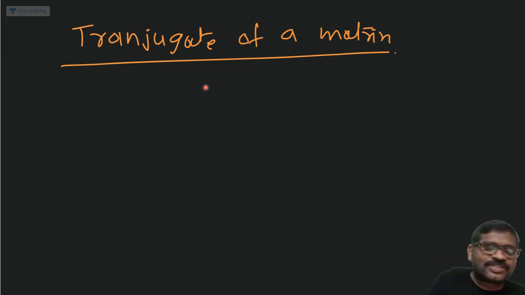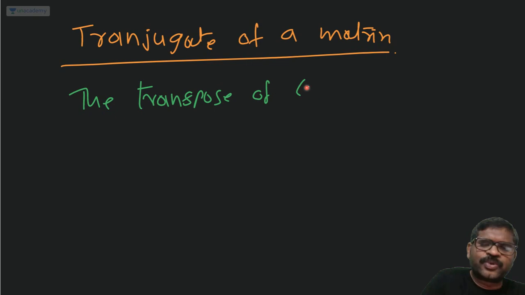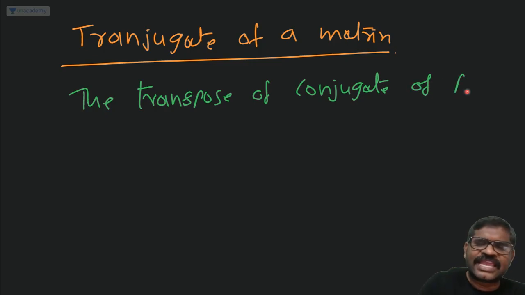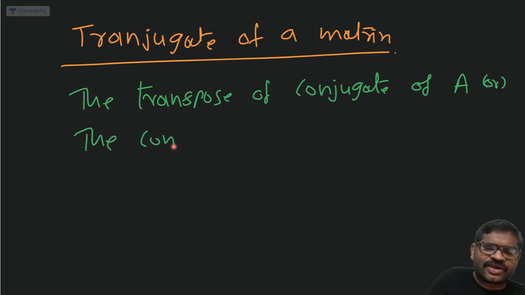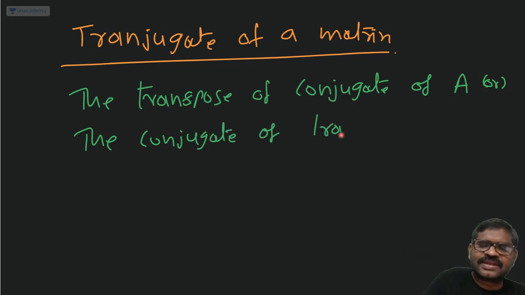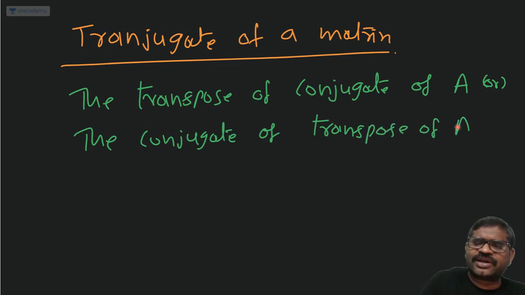The transpose of the conjugate of matrix A, or the conjugate of the transpose of A, both are the same. The transpose of the conjugate of A or the conjugate of the transpose of A is known as transjugate.